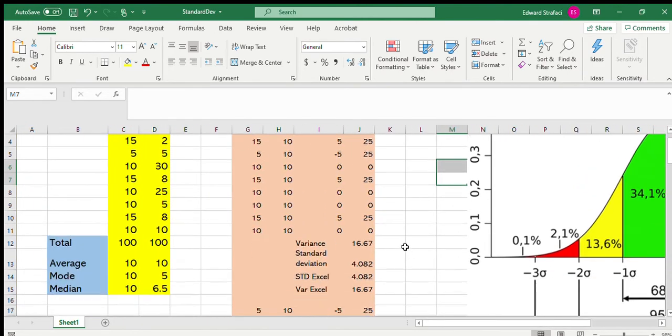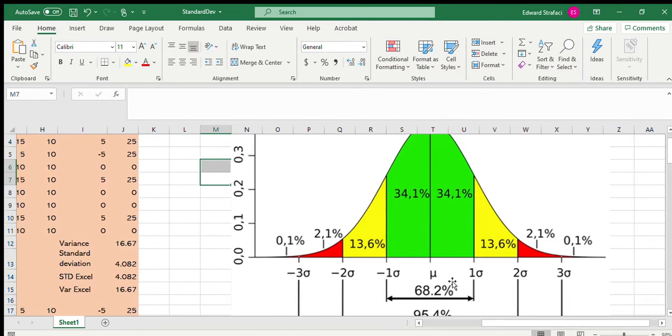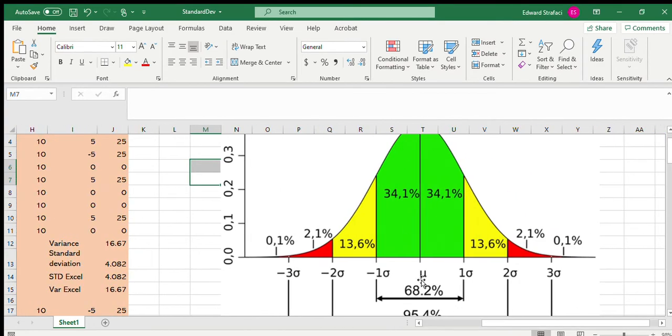So in this particular case, this player averaged 10 points a game, but at a standard deviation of, say, let's make it numbers easy, 4. So 10 would be the average, which would be mu. Plus 4 would mean 14. Minus 4 would be 6.